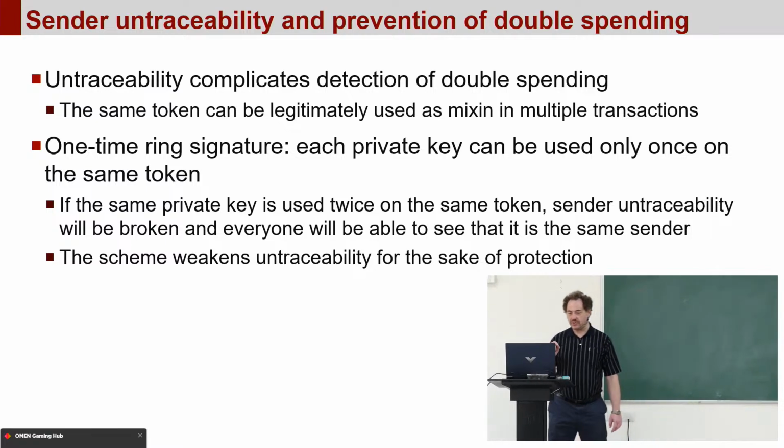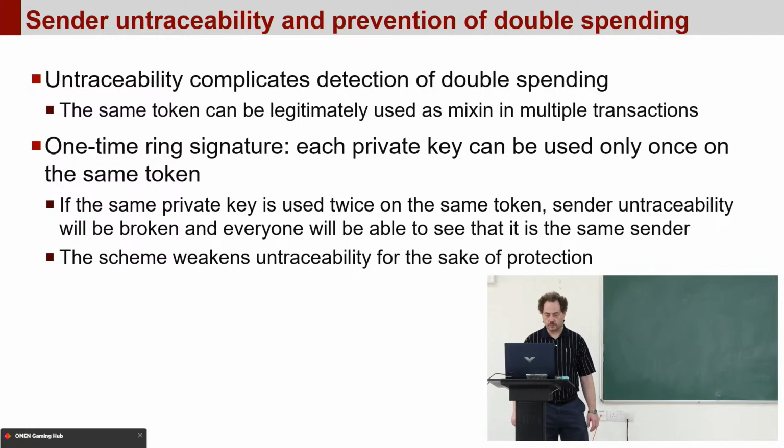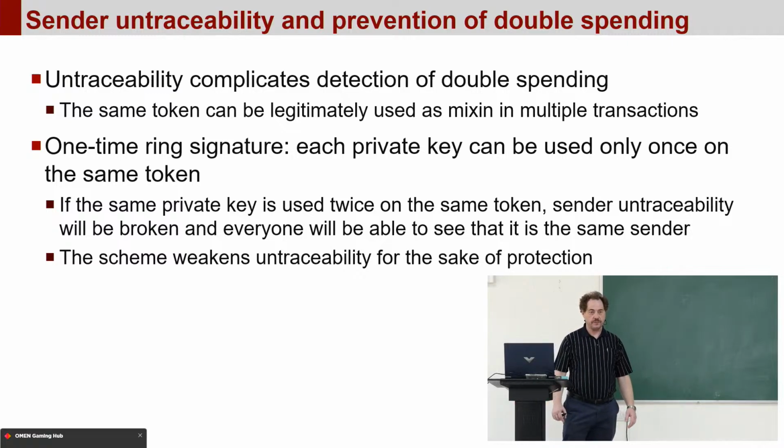So it's quite an interesting extension of the ring signature mechanism. Of course, the scheme weakens untraceability for the sake of protection against double spending, so there is a bit of a trade-off.